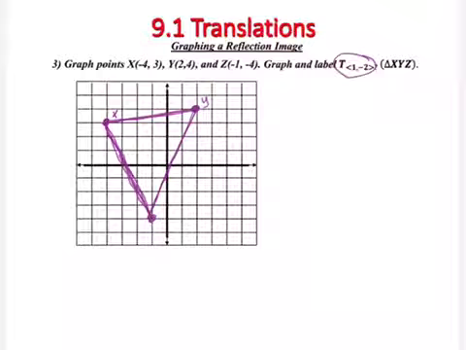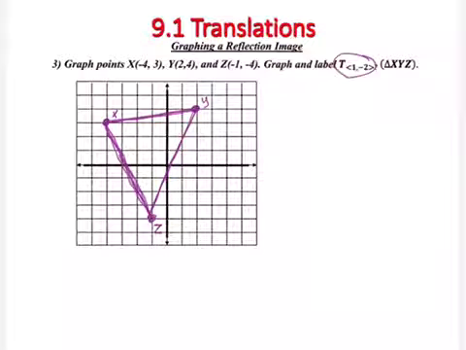So there's our triangle. And so now we want to conduct the translation of 1, negative 2. So go ahead and move this triangle by the translation rule of 1, negative 2. And then when you're done doing that, unpause the video and check your answers.